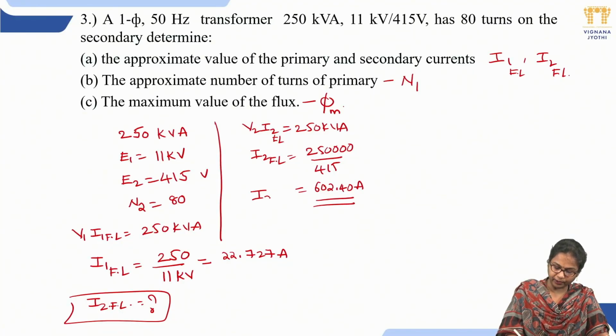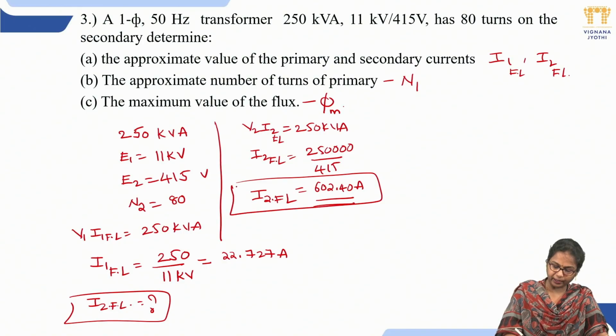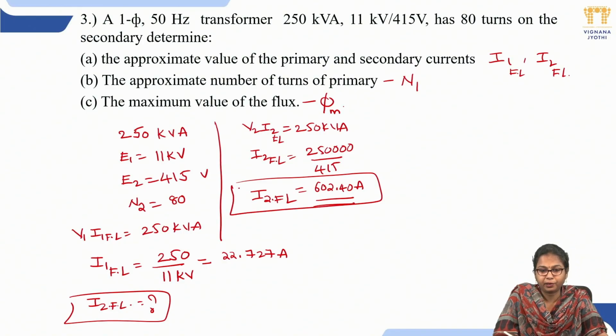These are said to be your full load primary current and full load secondary current. Even during experimentation, these full load primary and secondary currents have to be taken into consideration. So first we have completed how to determine our full load primary current and full load secondary current.